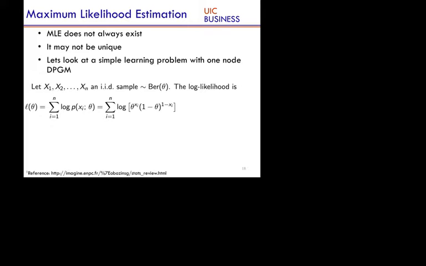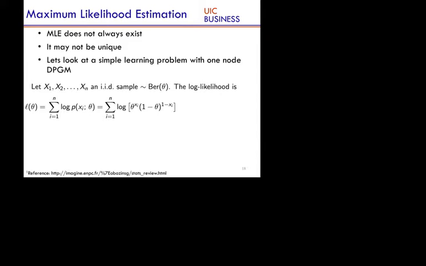Okay. So let's look at a simple learning problem with one node. It's a one-node directed probabilistic graphical model. Let x1 to xn be an IID sample drawn from a Bernoulli distribution with parameter theta.